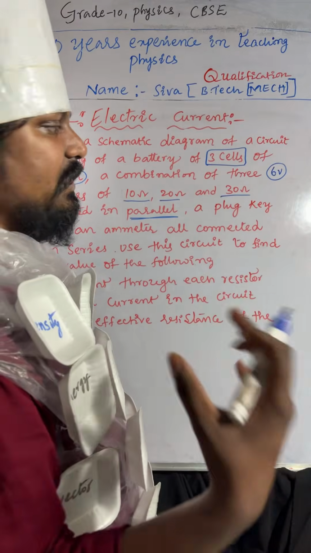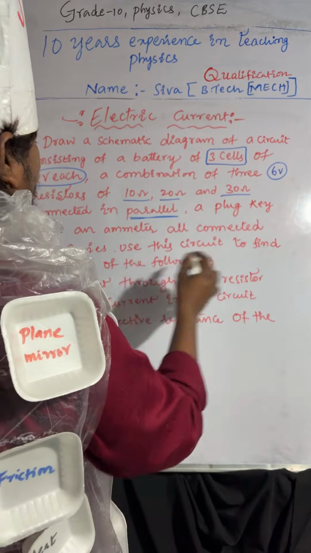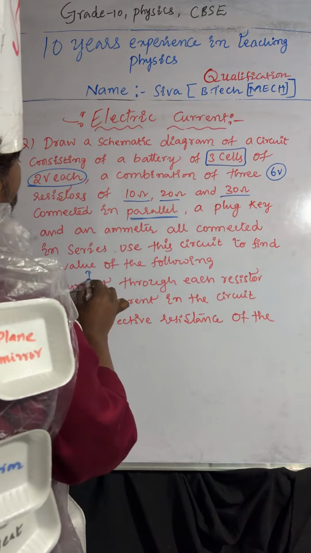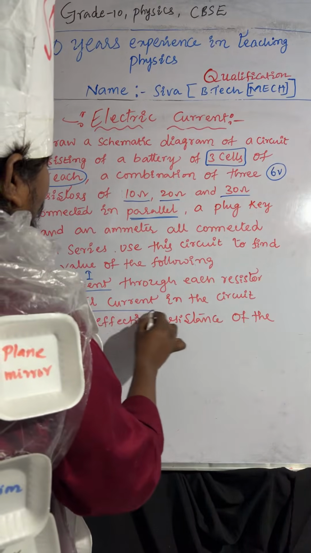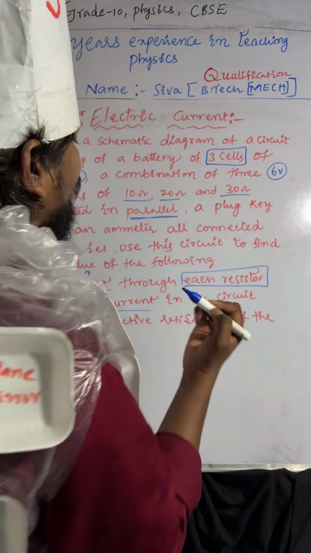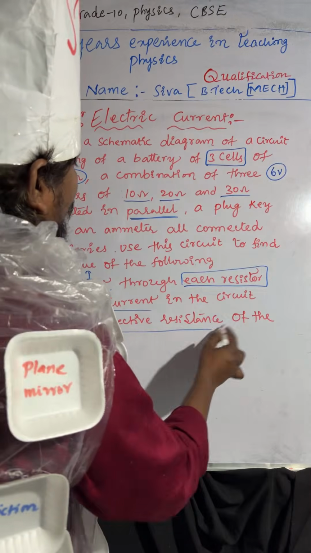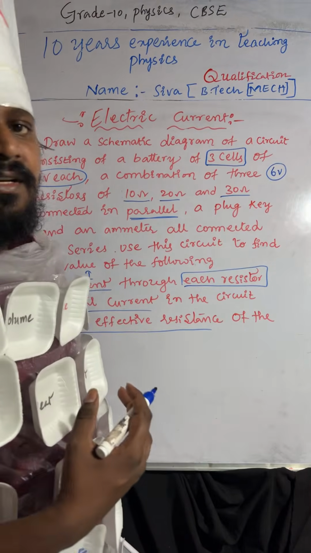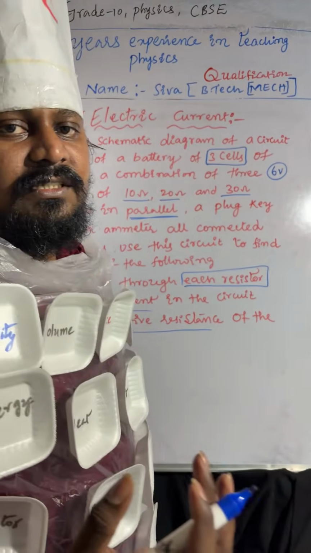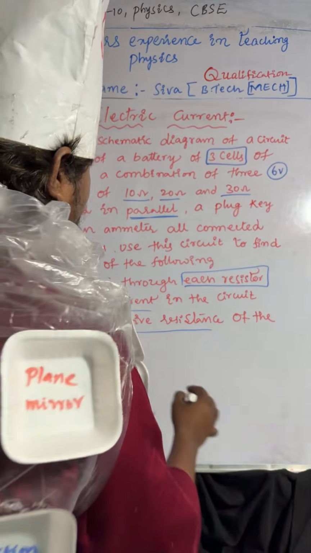Use this circuit to find the total current, the current through each resistor, and the total effective resistance. Understood or not? First of all you have to identify the question.